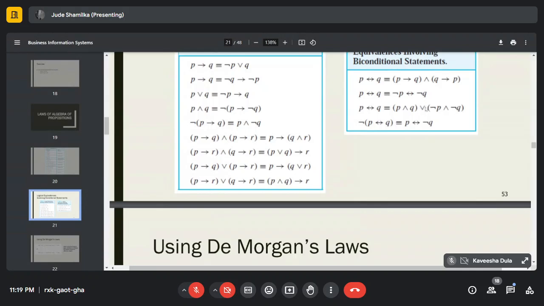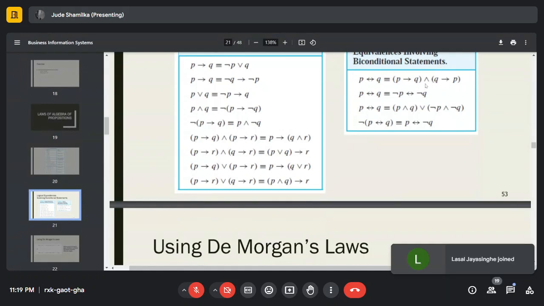We don't use that because these two are just options. One of these can happen, not the two things at the same time. That is why we don't use a conjunction here. But here we have to obviously use a conjunction because this is biconditional. Okay, you got that, I guess.